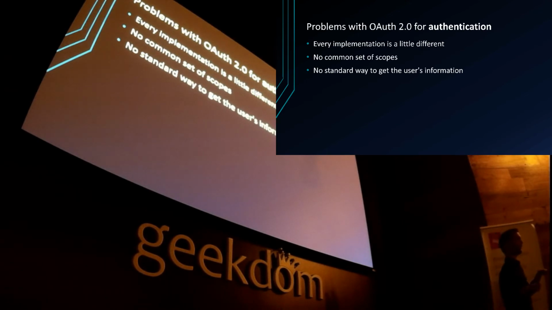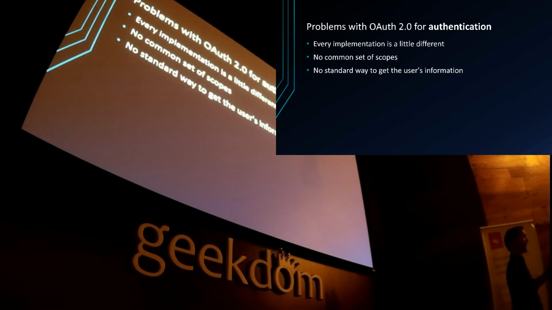Most importantly, for the login and authentication scenario, there's no standard way in OAuth to get the user's information. And if you think about it, that's extremely important for login. If I log into a website or any application, the first thing that application is going to want to know is who just logged in, what's their name, what's their email address, what's their identity.